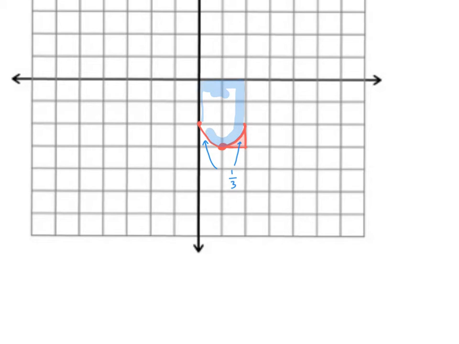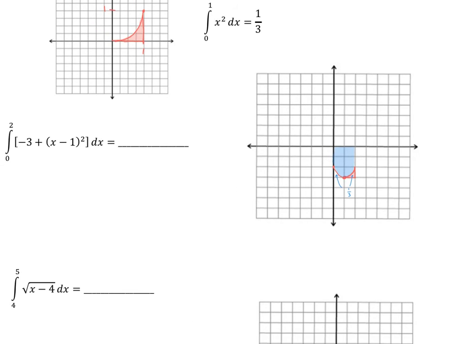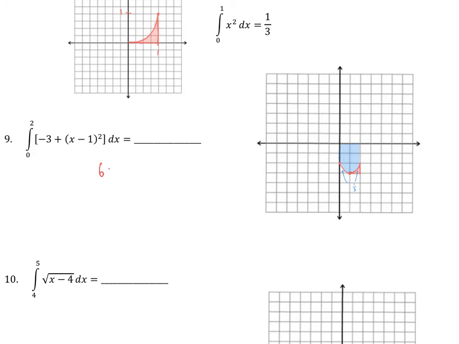The area between the curve and the x-axis is what you always want to find. So think about this whole area here: this area here is 6, and each of these are 1/3. So it's really just 6 minus 2/3. And that's 16/3.